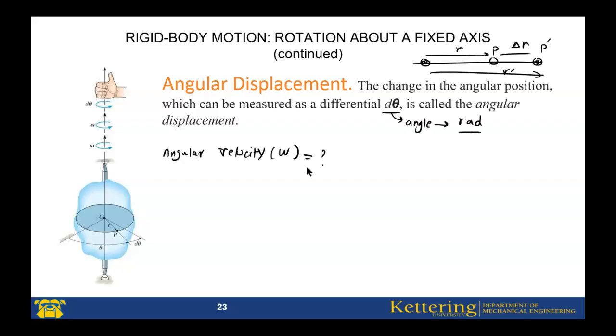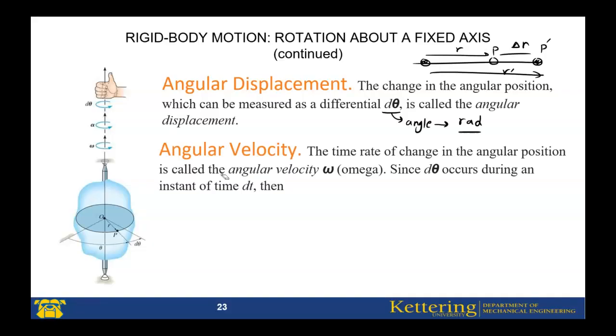Yes, the derivative of theta with respect to time. Exactly. The angular velocity is called omega, and since d theta is the change with respect to time, we use omega equal to the derivative of theta with respect to time.